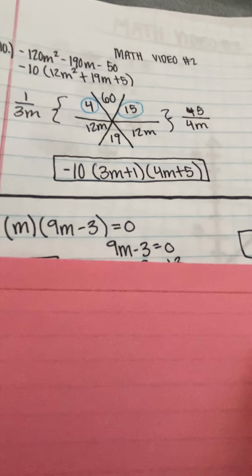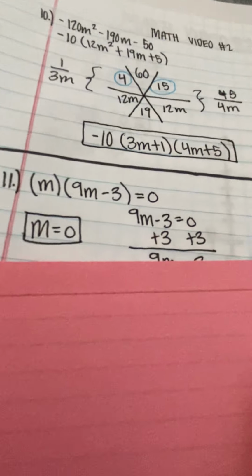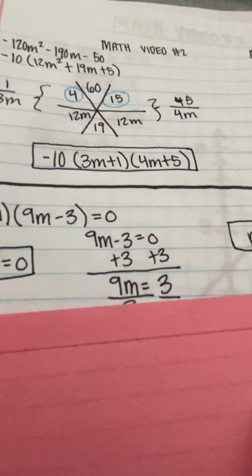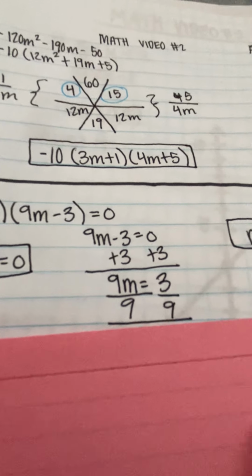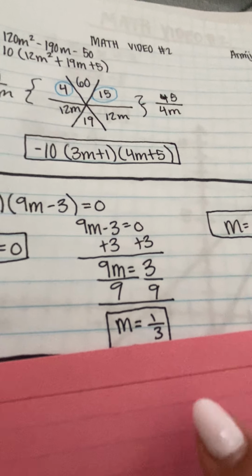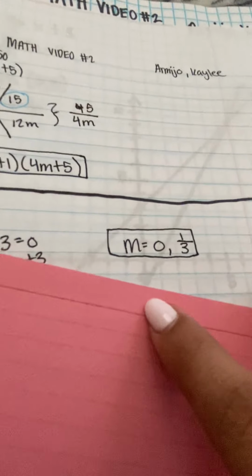So I have 9m minus 3 equals 0. And then we just solve for that. So we do plus 3 on both sides, and then we have 9m equals 3. And then we divide by 9, and then m is going to equal 1 over 3. So then our answer will be 0, comma 1 over 3.